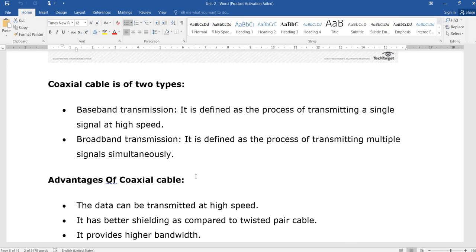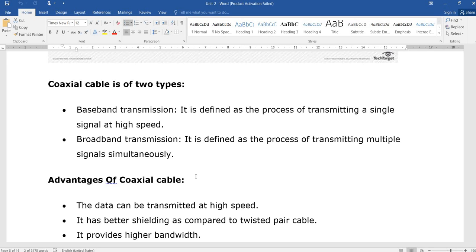Baseband is the process of transmitting a single signal at a high speed, so in baseband we can transmit only a single signal. Broadband is the process of transmitting multiple signals simultaneously, so we can transmit different types of data.